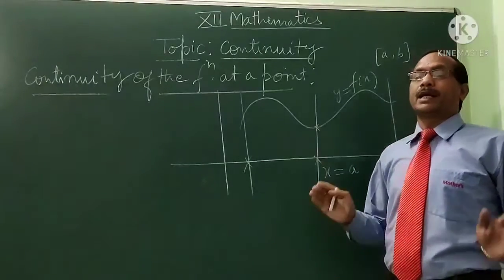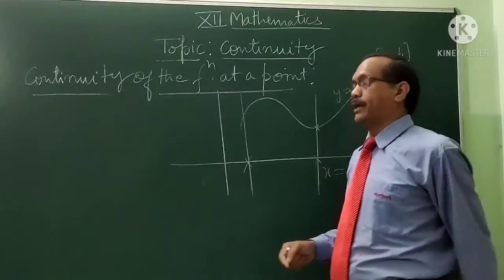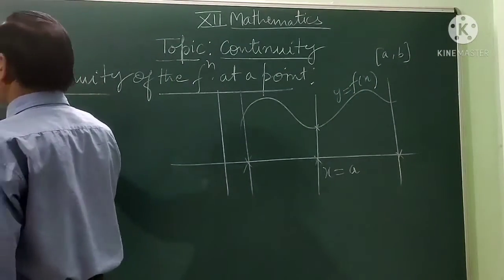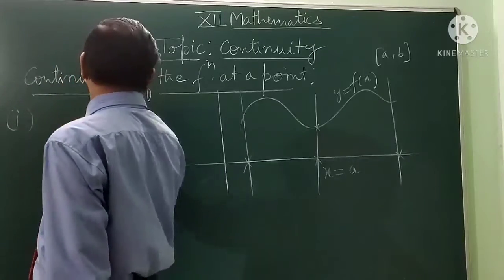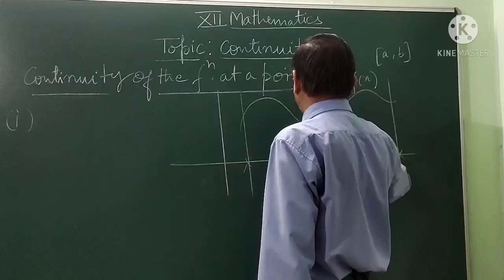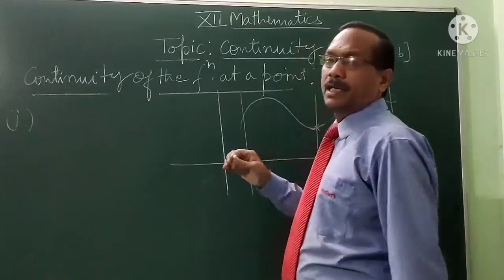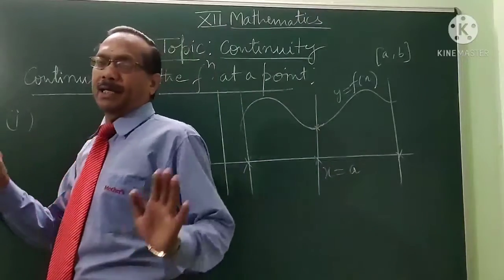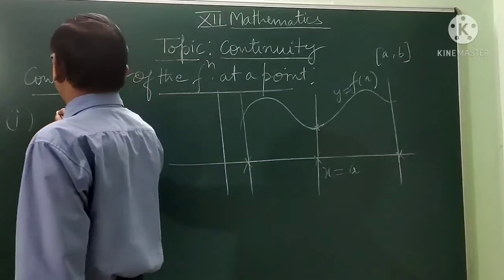So, student, we will find two things. First of all, case 1. Here, if the function is smooth, then we will find the limiting value of the function.